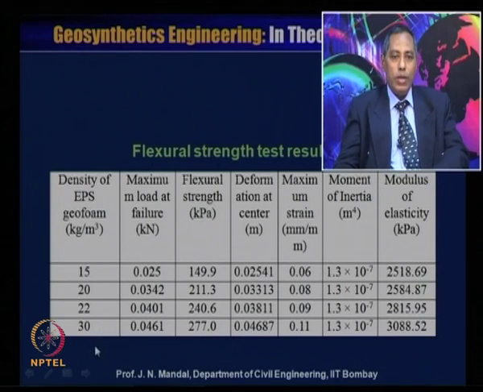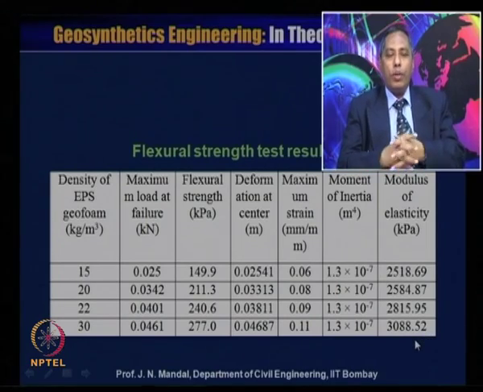When the density of the EPS geofoam is 30 kg per meter cube, the maximum load at failure is 0.0461 kilonewton, flexural strength 277.0 kilopascal, deformation at center 0.04687 meter, maximum strain 0.11, moment of inertia 1.3 into 10 to the power minus 7, and modulus of elasticity 3088.52 kilopascal.